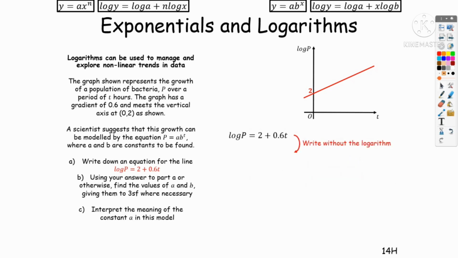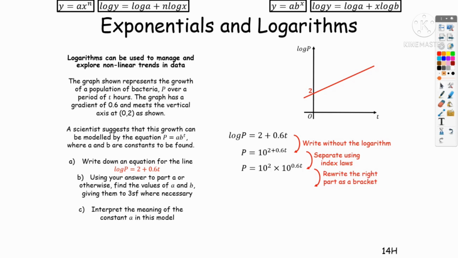Okay, so without the logarithm we get P equals 10 to the 2 plus 0.6t. Separate using the index laws, so that's 10 squared times 10 to the 0.6t.